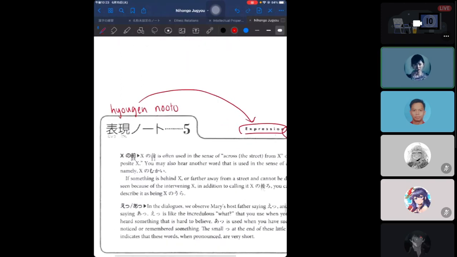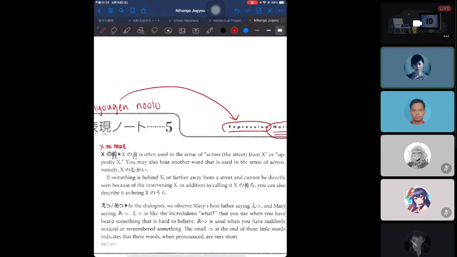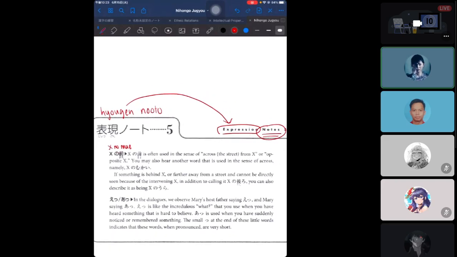So the first one is X no mae. Usually this describes when a place is in front of another place, or it can also mean across the street from X, or opposite of X.